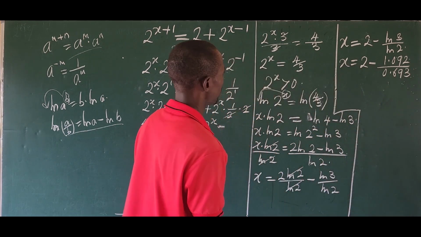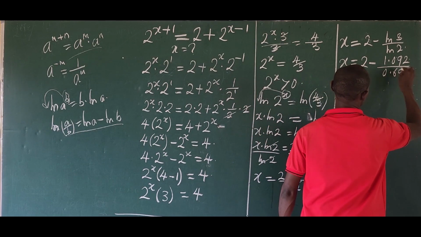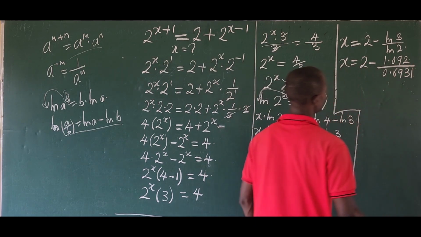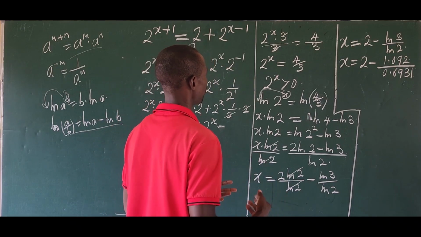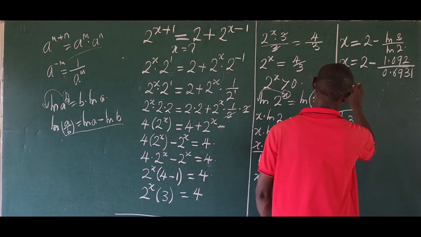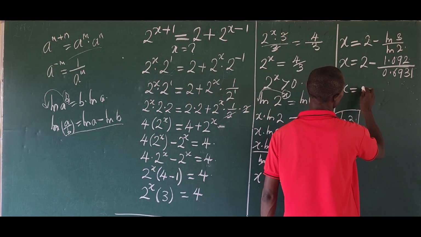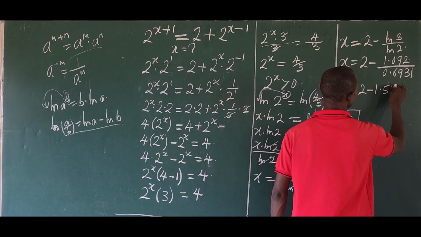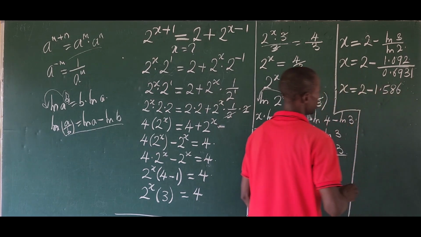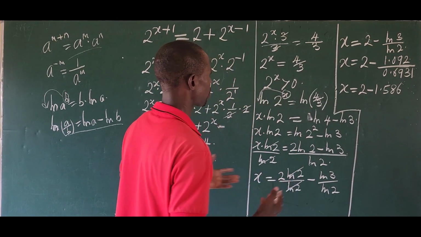Okay. So we can easily divide that, and if we divide that, it will give us 1.586. So we have x equal to 2 minus 1.586.